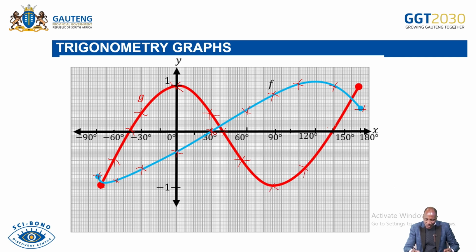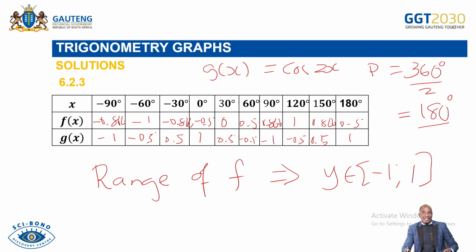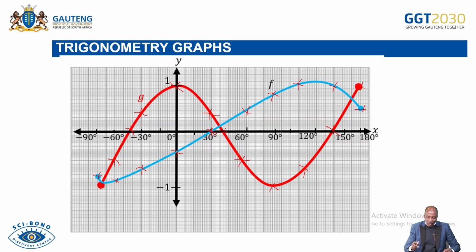You mark all your points until you mark the last point, which in this case is 180 degrees versus 1. Once all those points have been plotted, again you join the points to produce a smooth curve.